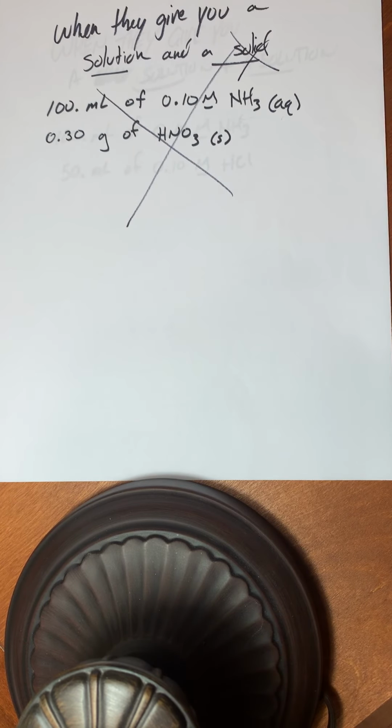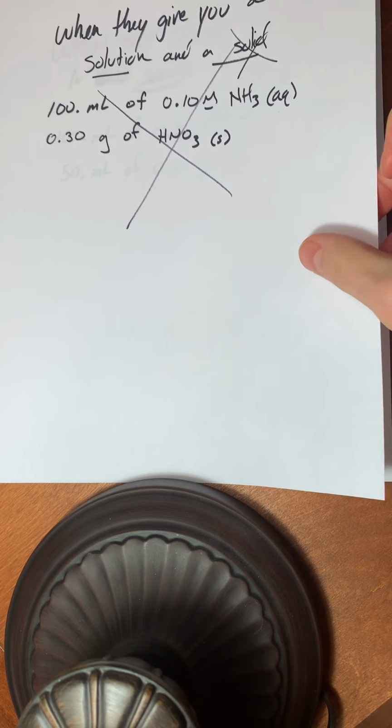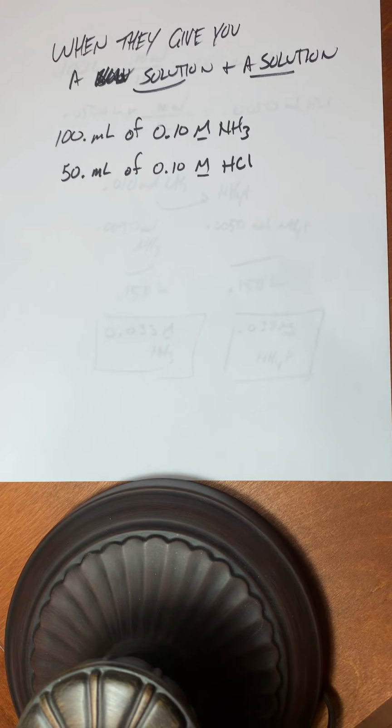Not saying it couldn't happen, but all of the strong acids that you typically see, hydrochloric, hydrobromic, hydroiodic, and nitric, are typically in the form of a concentrated solution and then diluted down to make a solution you'd want to work with in a lab. I've never seen or worked with a strong acid that's actually a solid. If one comes up, bring it to our attention, but I don't think you'll ever see it. That saves a little bit of time.